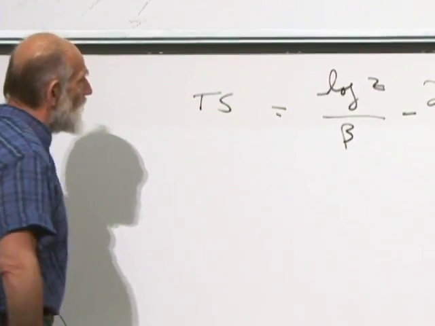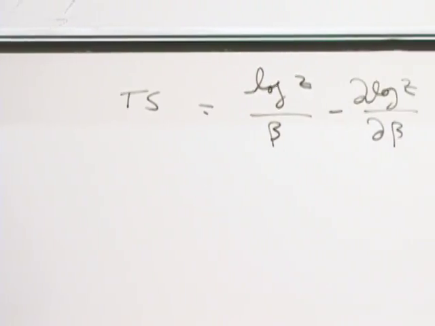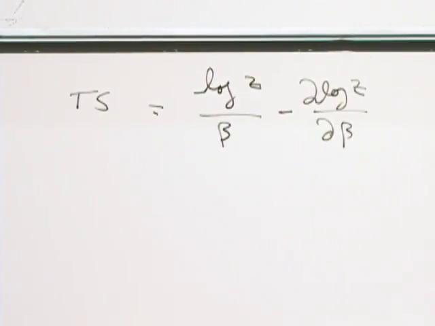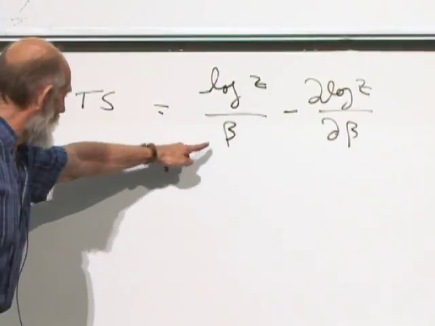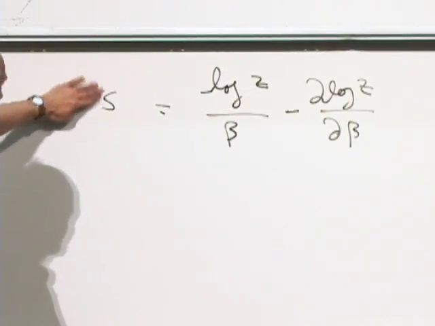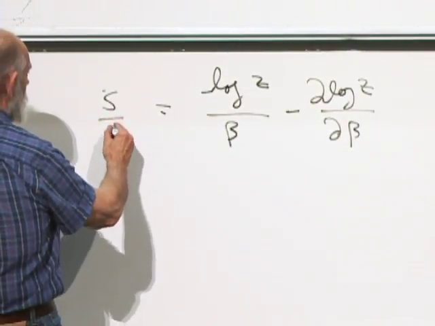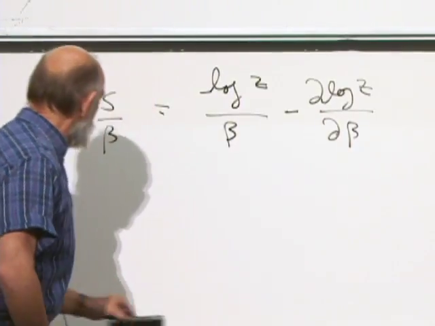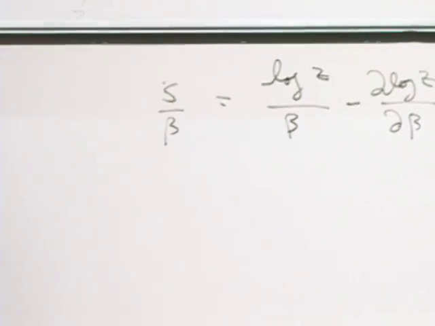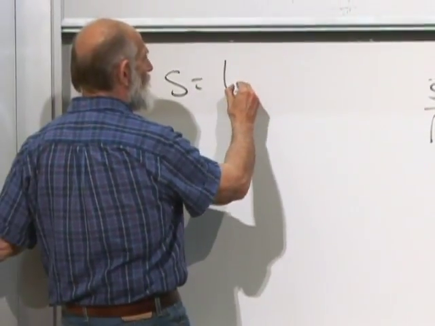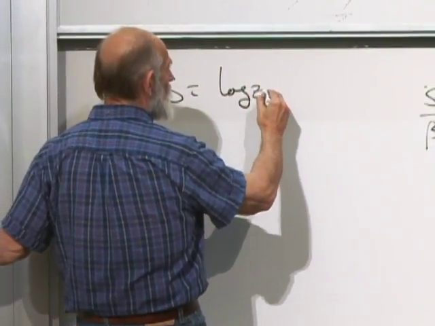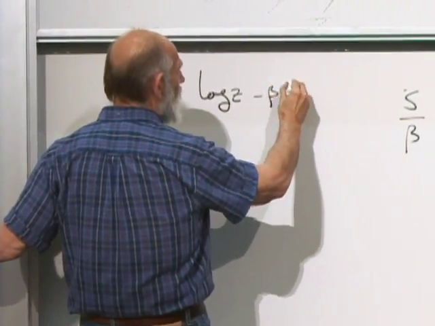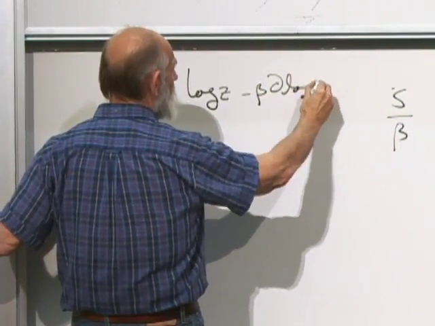Do I have that right? If I'm lucky, the temperature will cancel from this one. Yeah, this is also 1 over beta. All right, so we can multiply by beta if we like. Another form: S is equal to log z minus beta d log z by d beta.